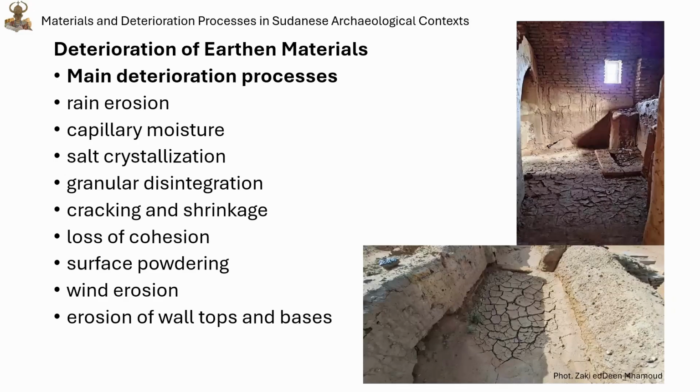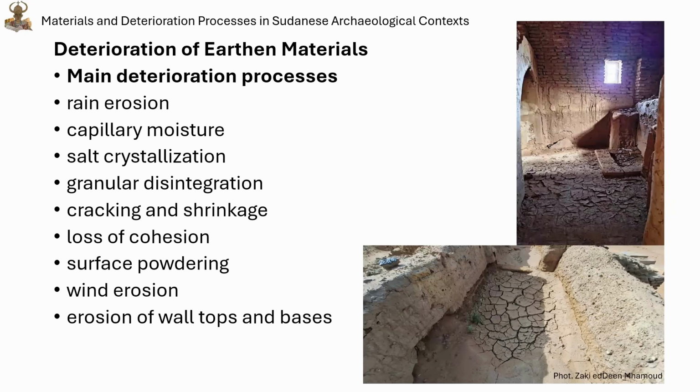Earthen materials deteriorate through several connected mechanisms. Rain erosion can wash away surfaces, round edges, and undercut walls. Capillary moisture moves upward through porous materials, transporting salts.